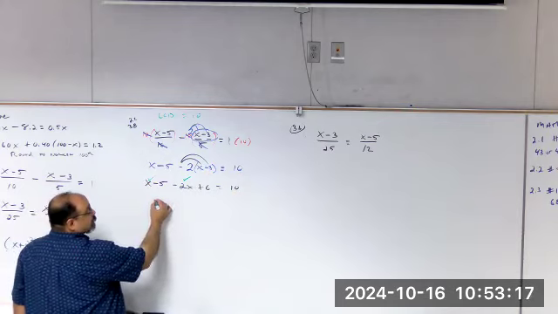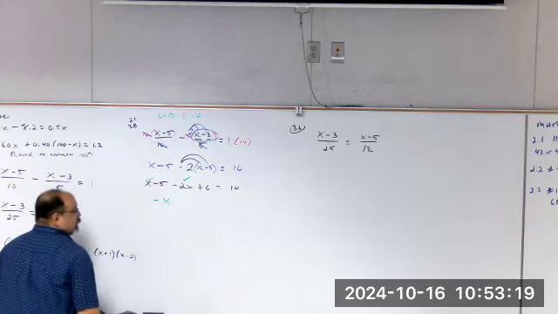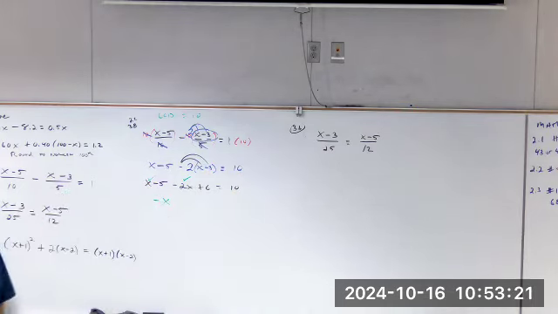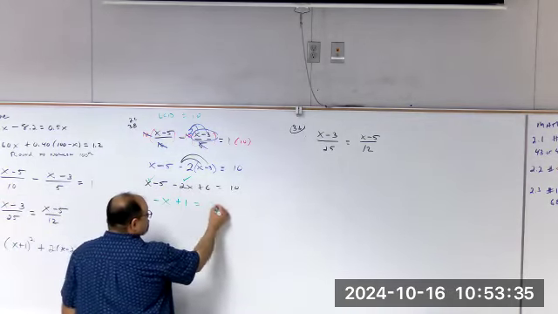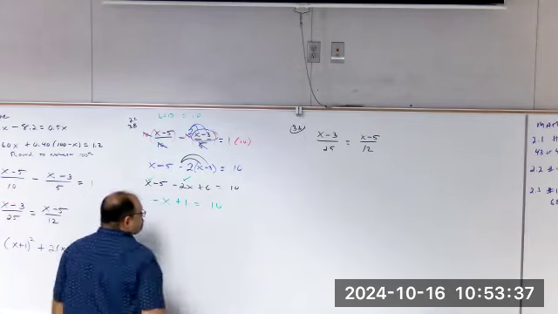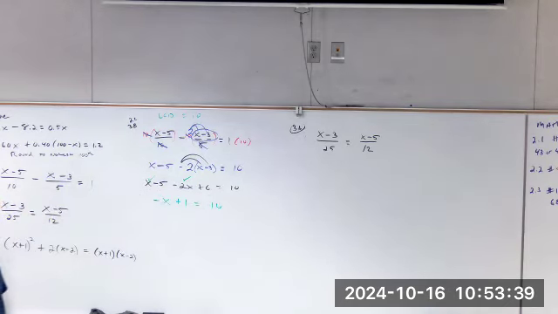Negative 1x, or just negative x. 1x minus 2x is negative 1x. And negative 5 plus 6 is positive 1. So both sides are simplified.